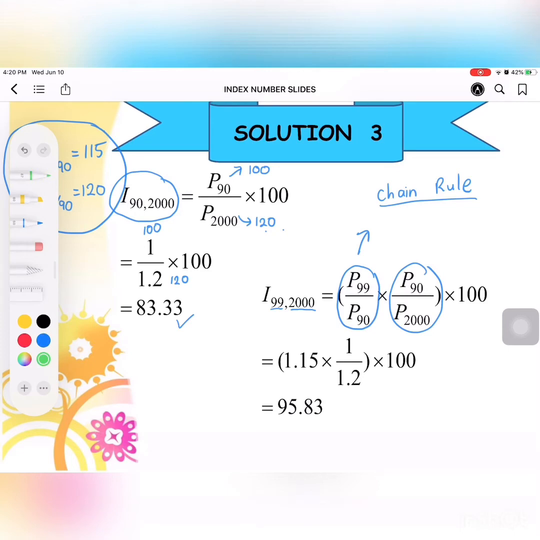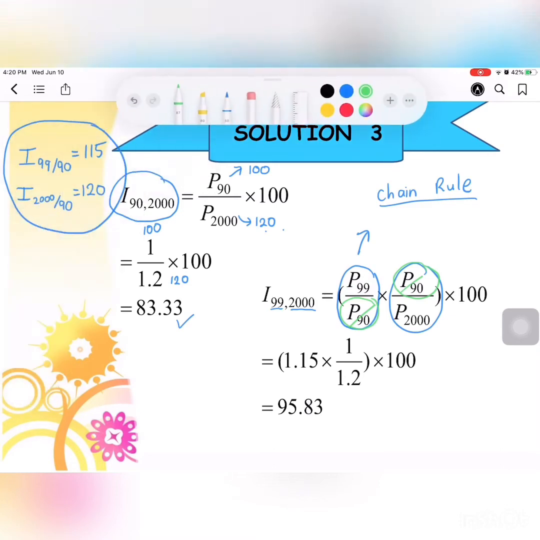The chain rule means that this must be equal to this one, so that we can simplify that. So price of 99, base of 90, do we have that value? Yes, we have that value, which equals 115. This is actually 115 over 100 times 90 over 2000. We have it just now, 83.33 over 100, and then we have to multiply it by 100.